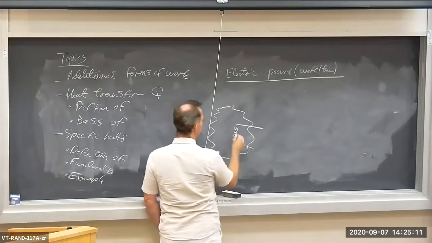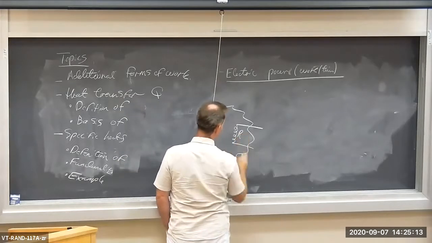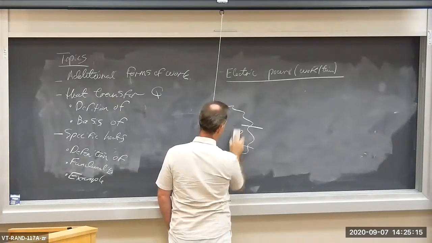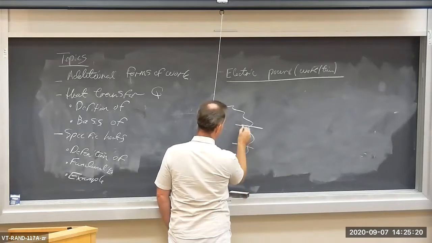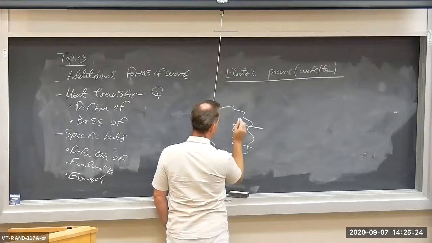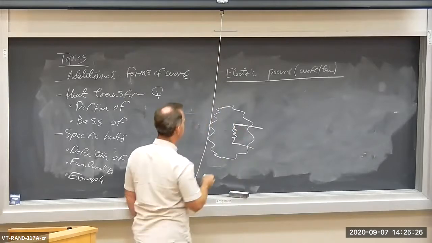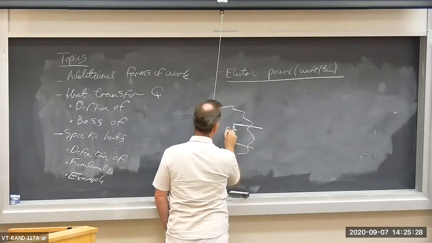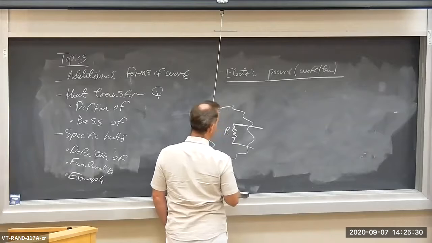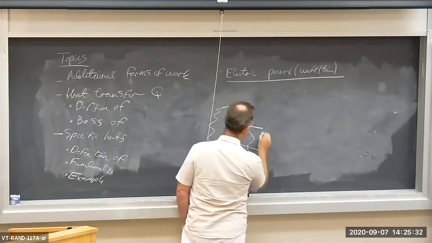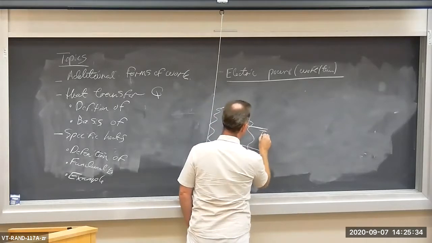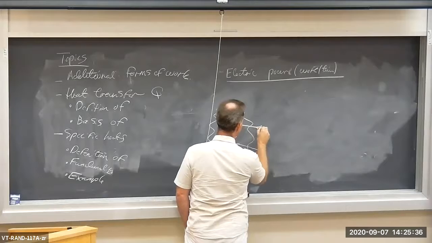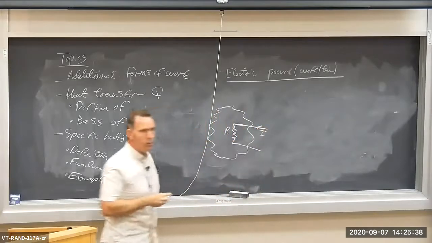Here we have a resistor, or I guess that looks more like an inductor. Okay, so we have a resistor here, R, and we have some current flowing through the wire, through this resistor.